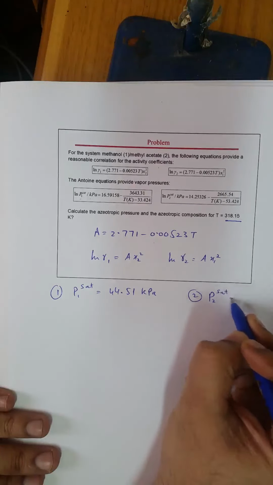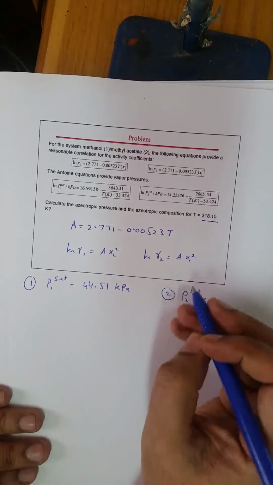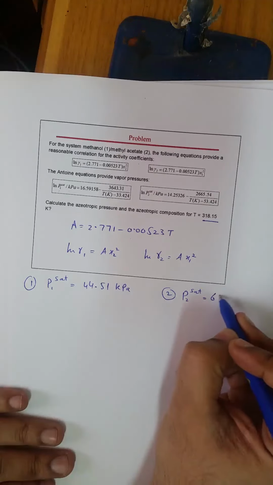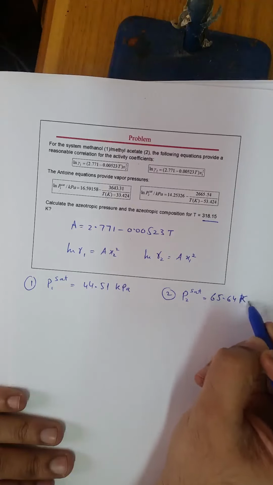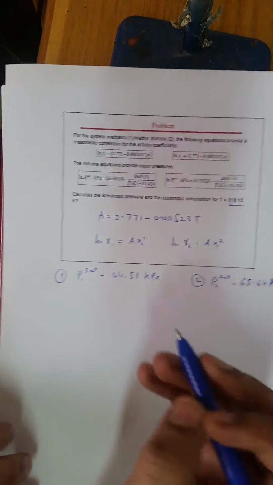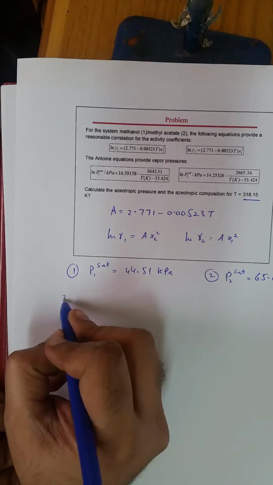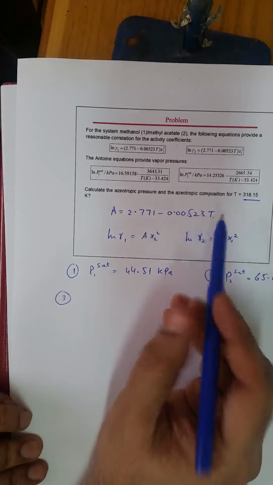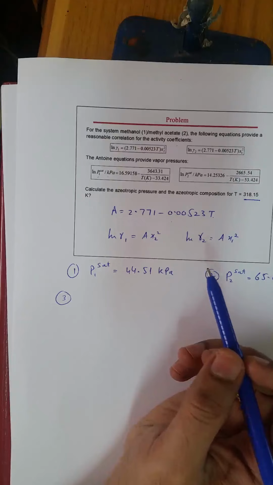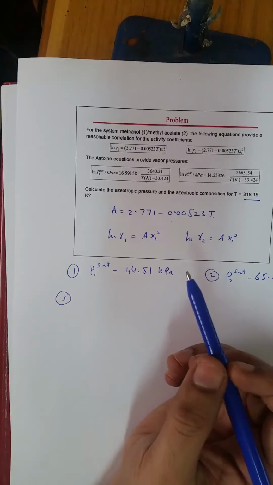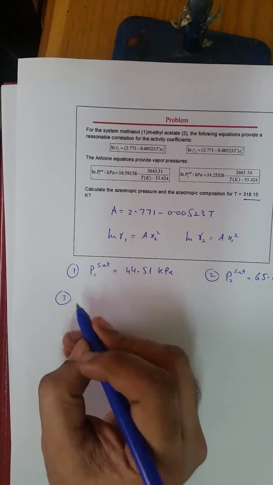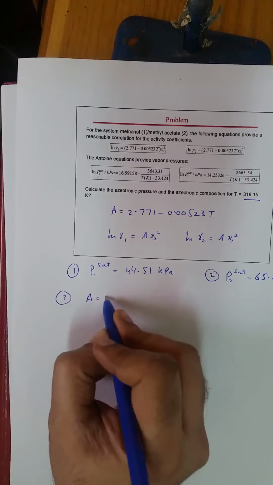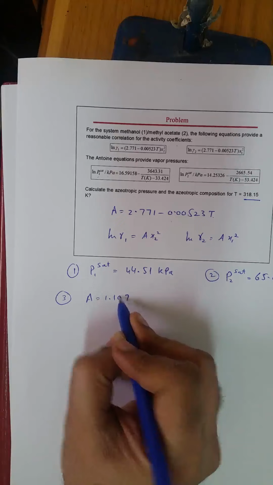P2 sat we have 65.64. Then the third step is to plug in the temperature, also in Kelvin. So A will come out to be 1.107.